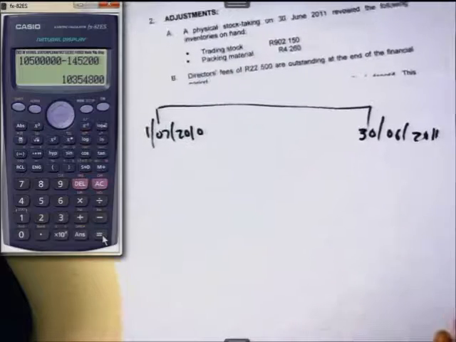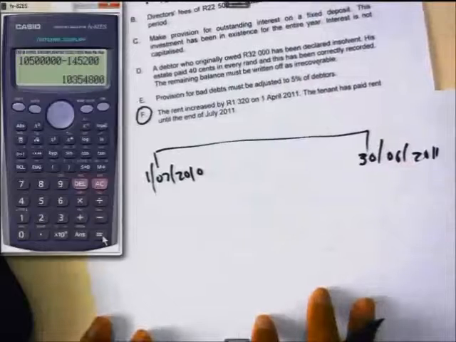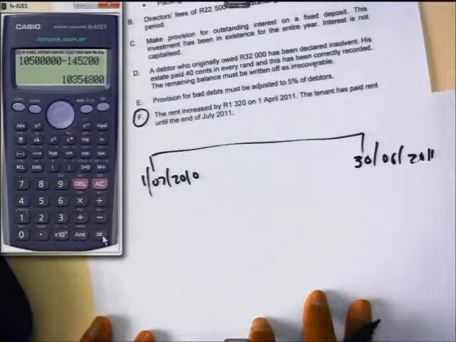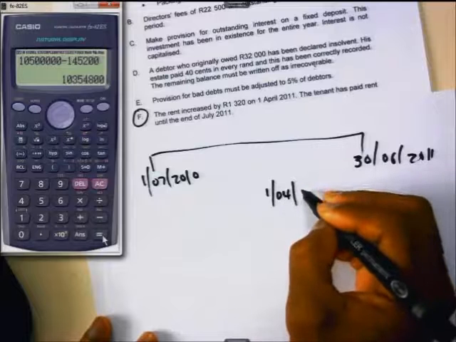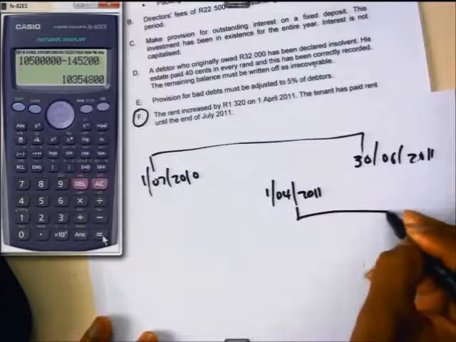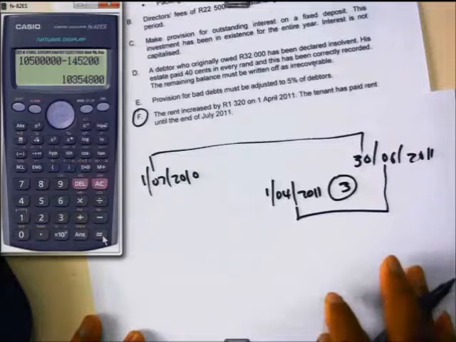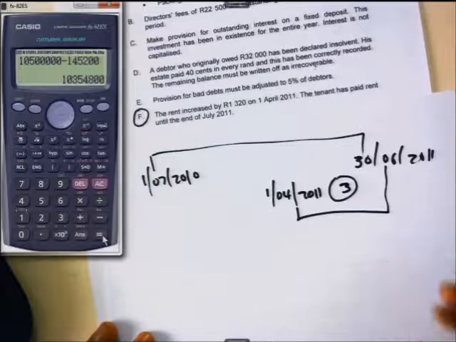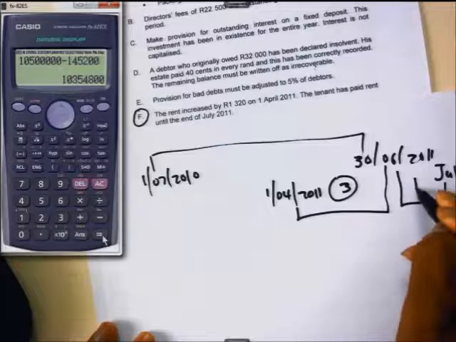Rent increased by 1,320 from 1st of April 2011. From there up to 30 June we have April, May and June, 3 months. But the tenant has also paid the rent until July 2011. From there, it's 1 month.